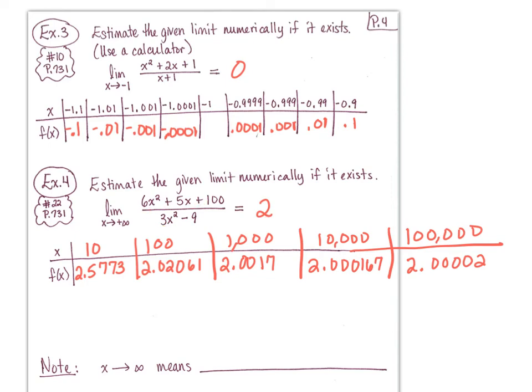If these polynomials in the numerator and the denominator have the same degree, and you'll learn this in section 3, you will take the leading coefficients and divide them, and that will be your limit. It only works if they have the same degree, and it only works whenever you're looking at infinite limits.